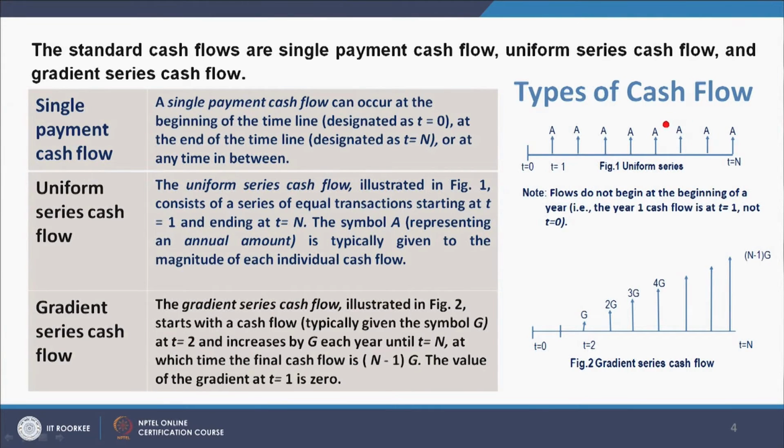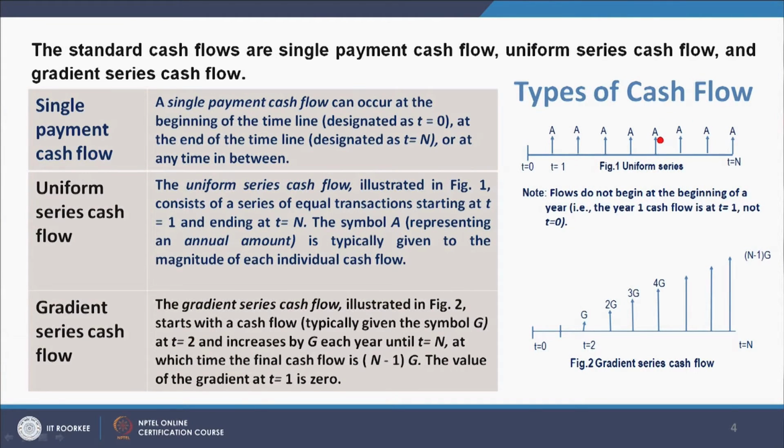The symbol A representing an annual amount is typically given to the magnitude of each individual cash flow. So, we are representing here the magnitude of the cash flow as A.